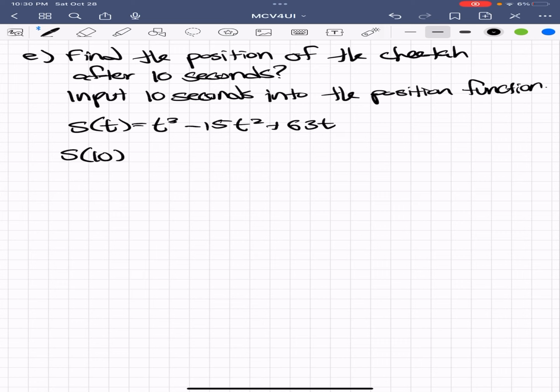So we have s of 10, and we'll input 10 into the variable of t.